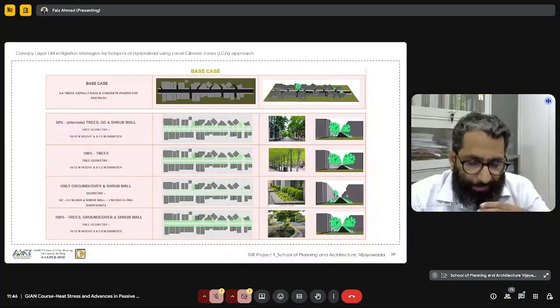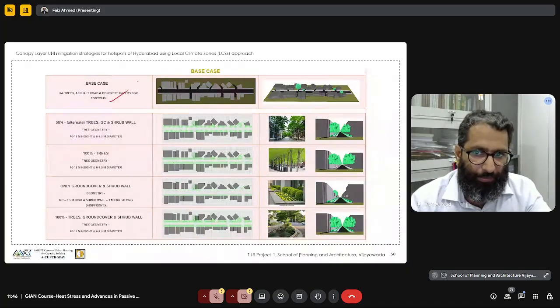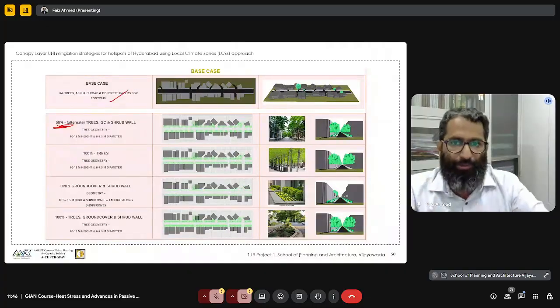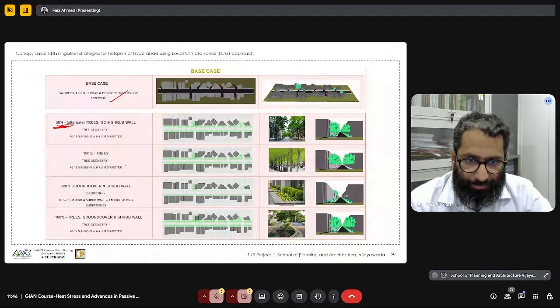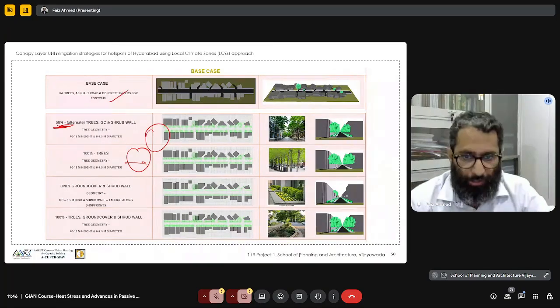What are the strategies that we tested for the street? This is the base case, and in addition to the base case, we wanted to add trees. For example, 50% of the trees, meaning trees at 7 meters distance without touching the canopy layer, and trees which are just touching the canopy layer, not overlapping.